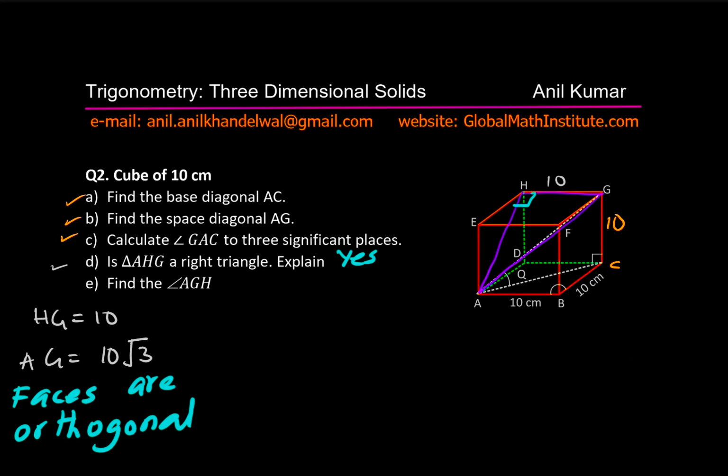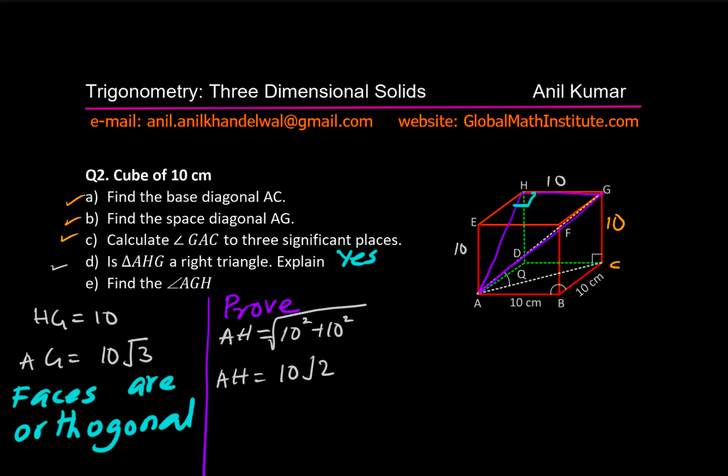Let's see how. So here is a short proof. To prove it, let's find what AH is equal to. AH will be the square root of 10 squared plus 10 squared. Perfect, because both these sides are 10 each, and we know that AH will be 10 square root of 2.